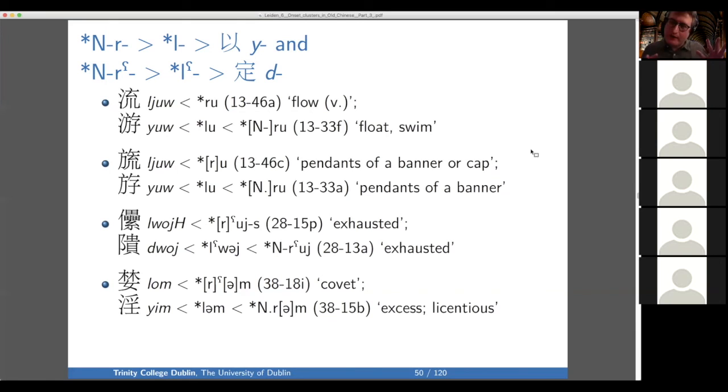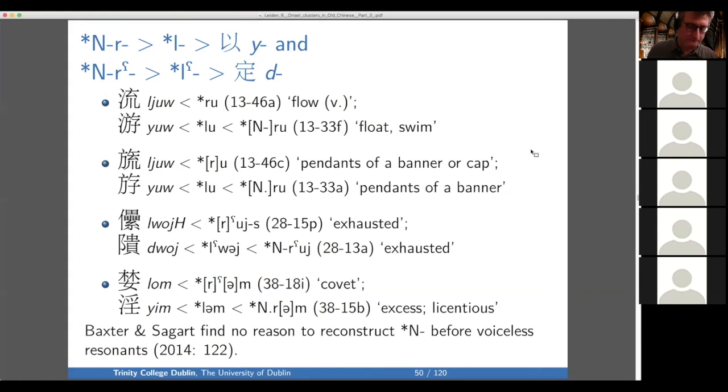What you can say is that the morphological meaning of anti-causative is not at all clear in these examples. But what can you do? They've posited a piece of morphophonology, and it will get some work done here as well. They find no reason to reconstruct this before voiceless resonants, which is interesting.